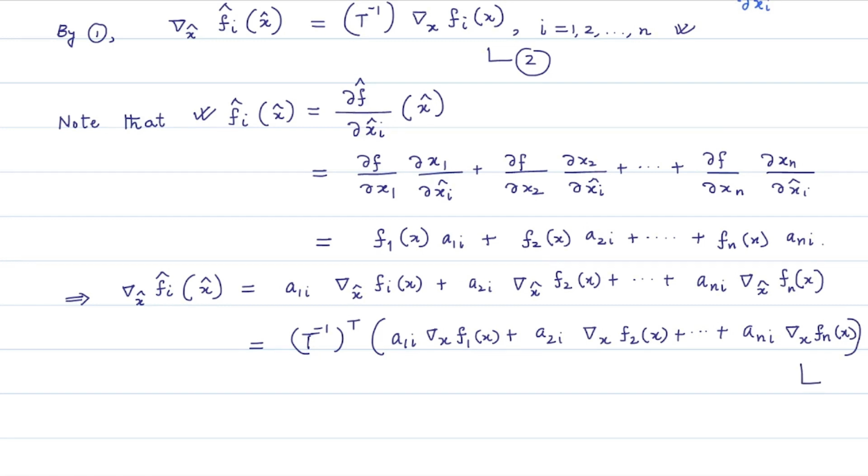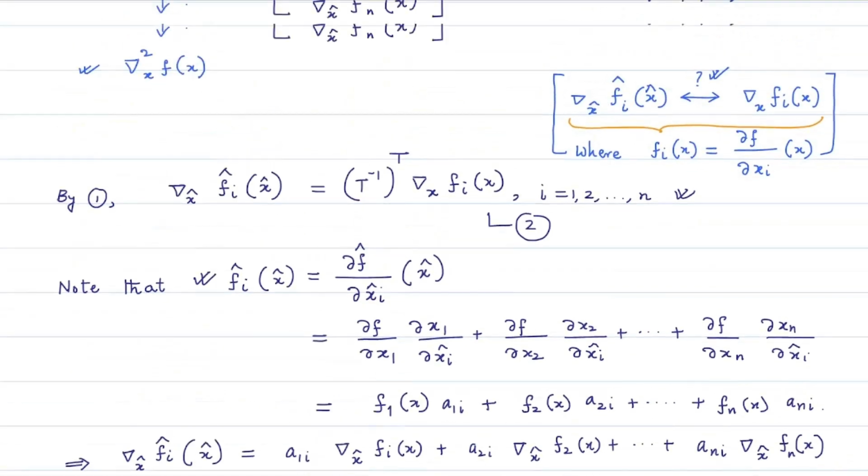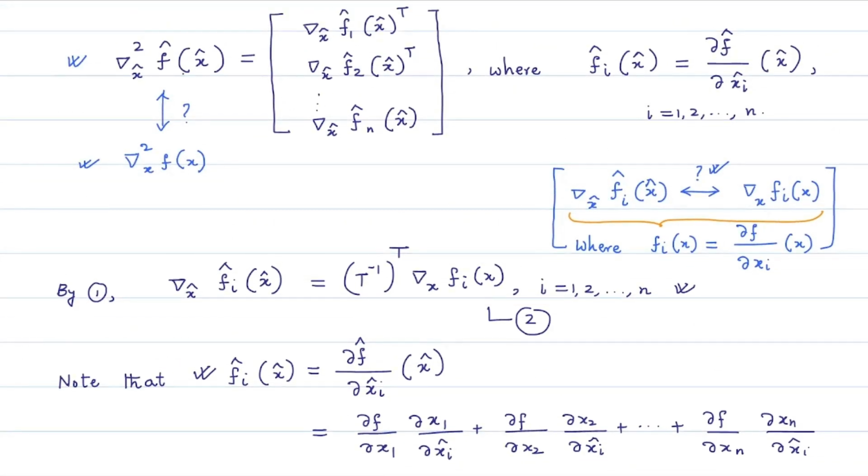Now you put this equation 3 inside the definition of the Hessian of the function f hat with respect to x hat. Here you put the expression of all these components, first, second and till the nth component.